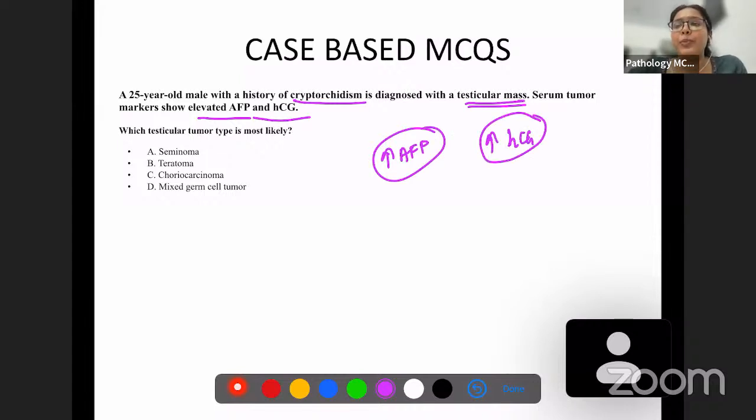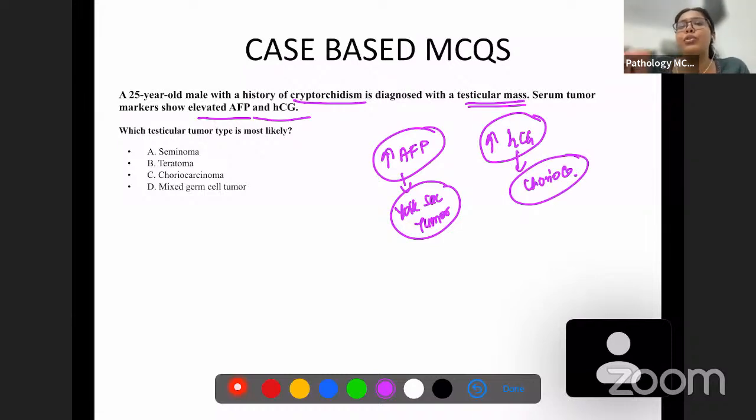Now AFP is elevated in which tumor? Yolk sac tumor. HCG is elevated in which tumor? Choriocarcinoma. So do we have yolk sac tumor here? We do not have yolk sac tumor. We do not have choriocarcinoma. Is this seminoma? No. Why? Because AFP is not elevated in seminoma. Is this teratoma? No, because teratoma has normal serum markers.